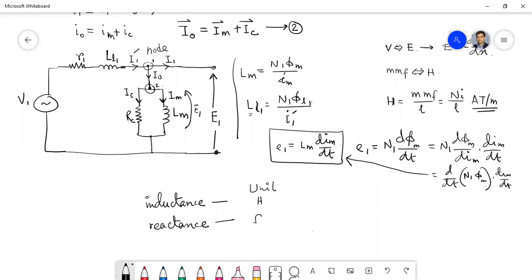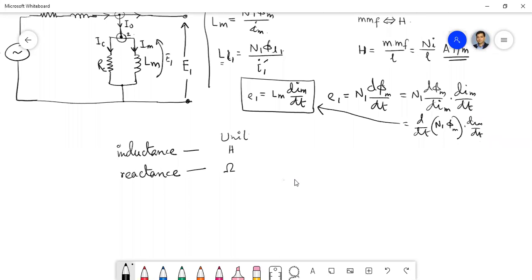Okay, so inductance is Henry and reactance is ohm. Both are the property of the coil, isn't it? Yes, sir. Okay, so both are the property of the coil.